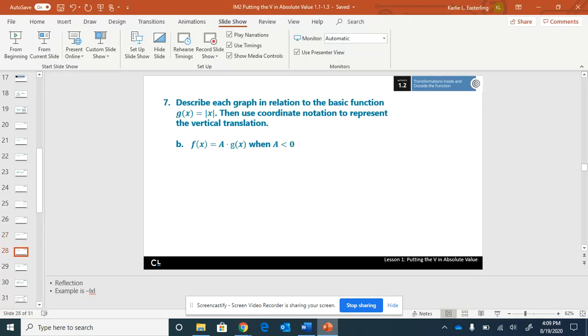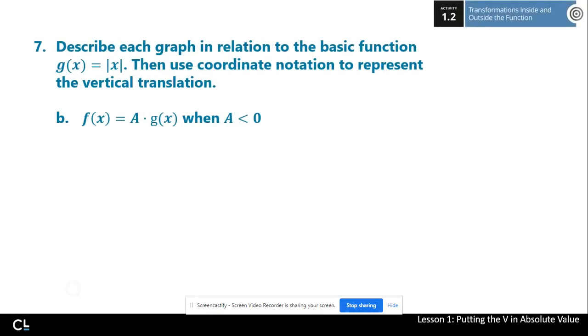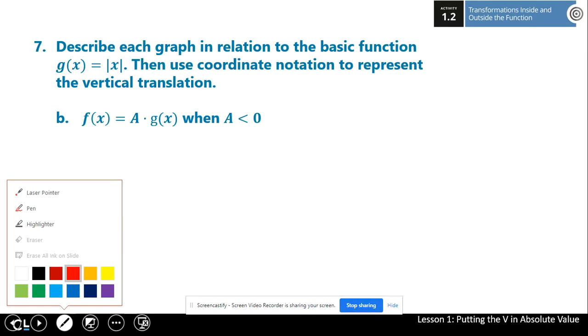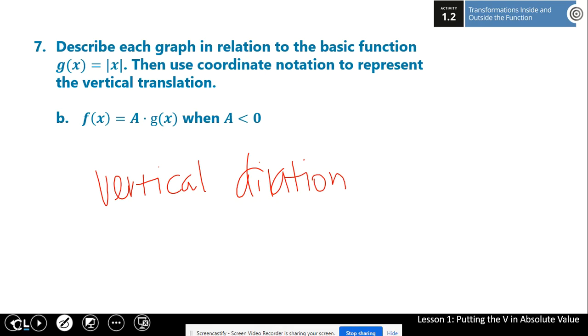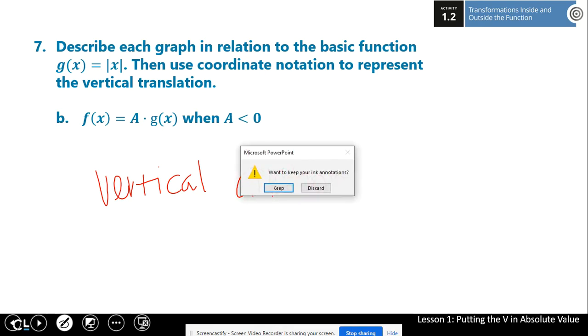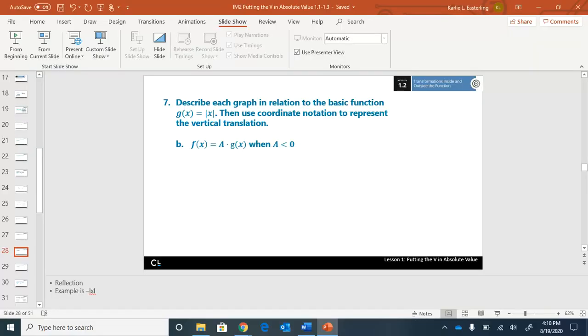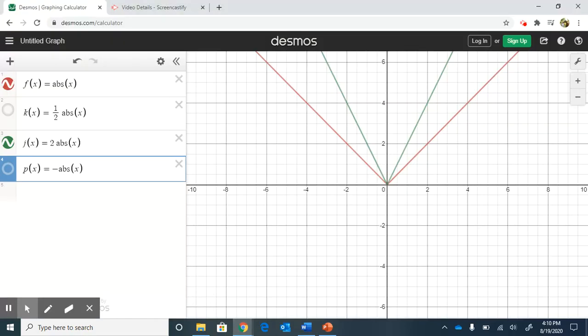So let's go ahead and go to the next slide. And this is when a is less than 0, and this is a vertical dilation. I'm going to go right back out to look at our vertical dilation.